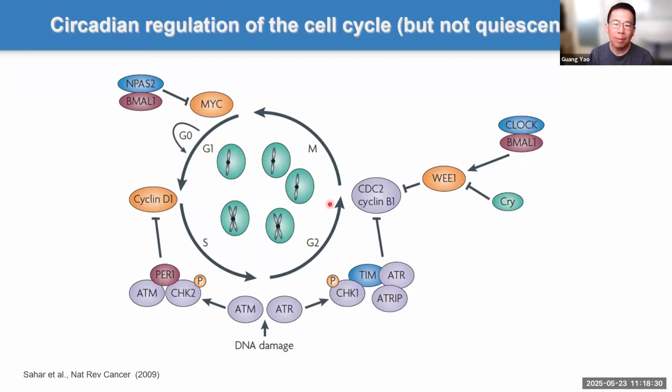But at least for me, I didn't find much evidence of circadian regulation of the quiescent state. Quiescence is when cells are not in the cell cycle, so it's the other way, although they are coupled by this RB-E2F bistable switch.